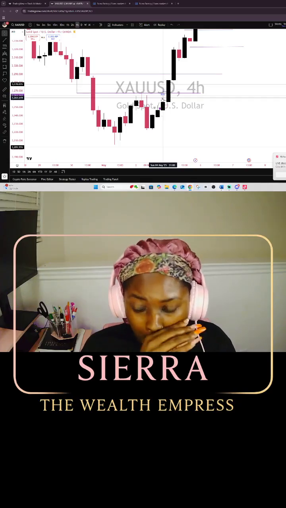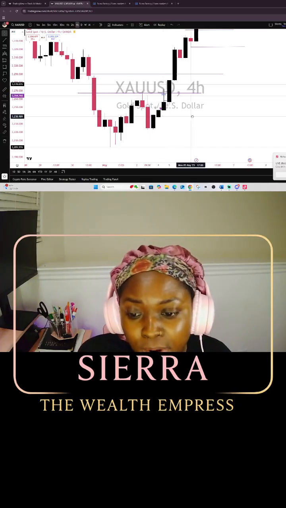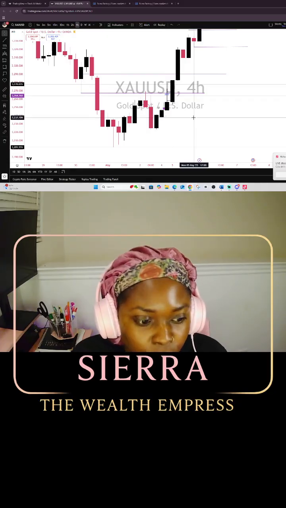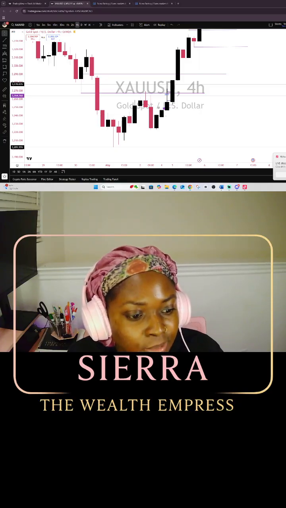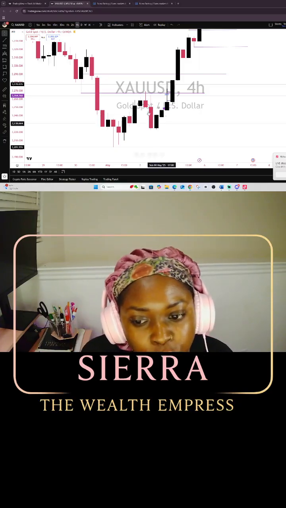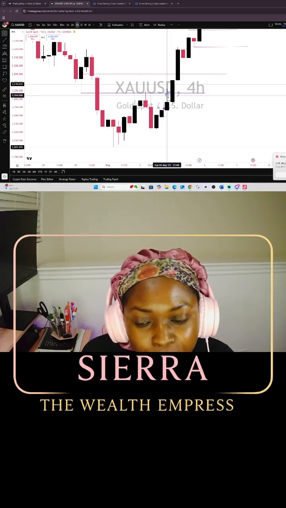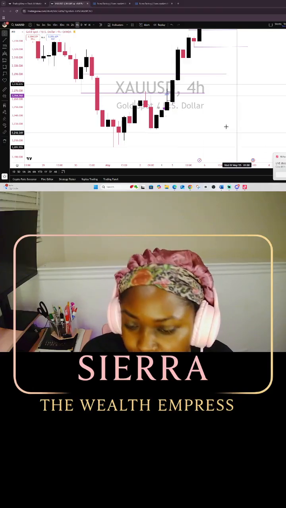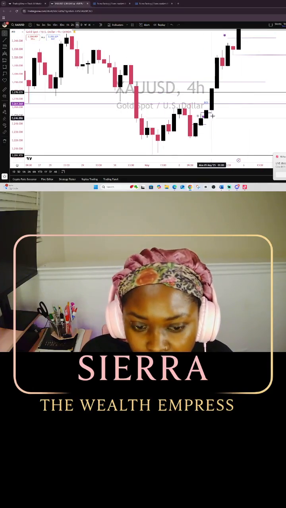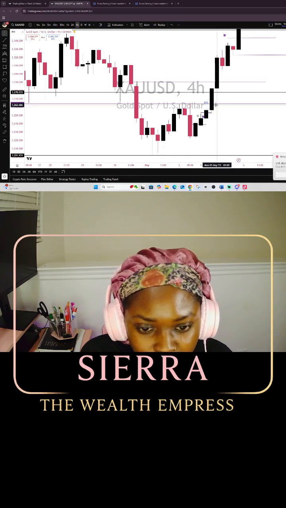On the lower time frame, I saw that there was a run on liquidity, a break of structure, and a gap. So I was like, we'll just wait to see if price pulls back into that area. Price pulled back into that area, and then it just kept going. By the time all of this happened, it was 5 o'clock in the morning.